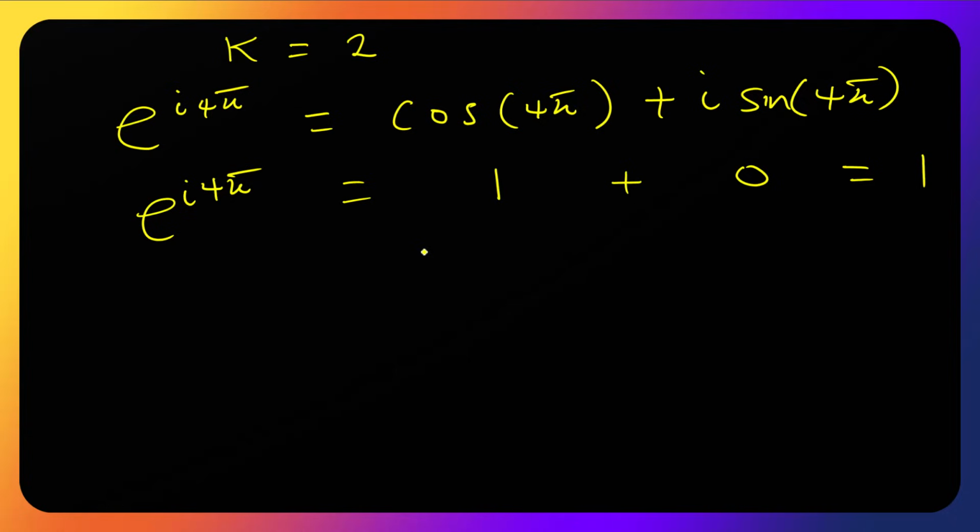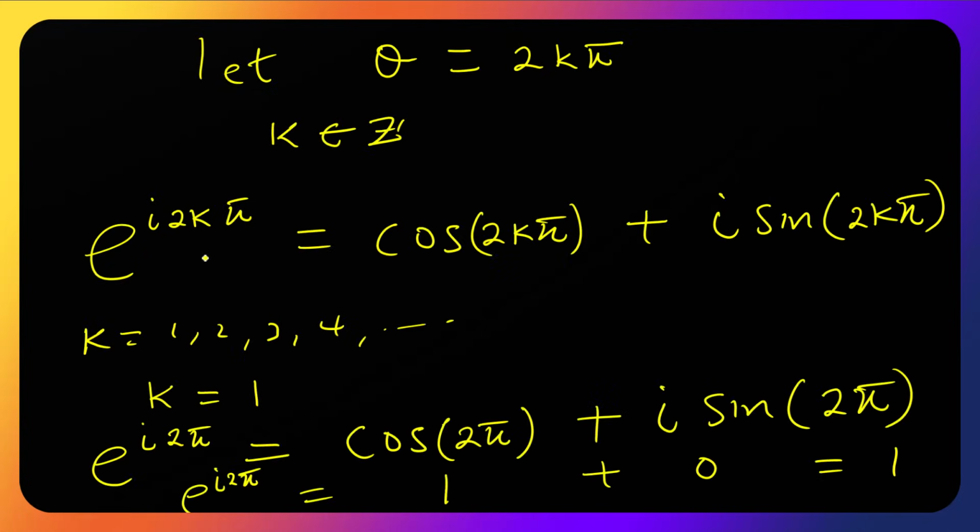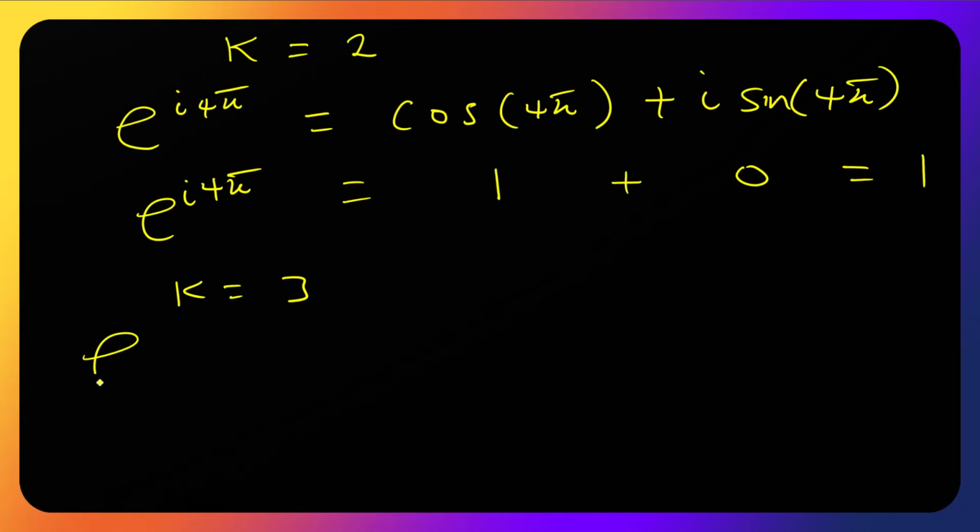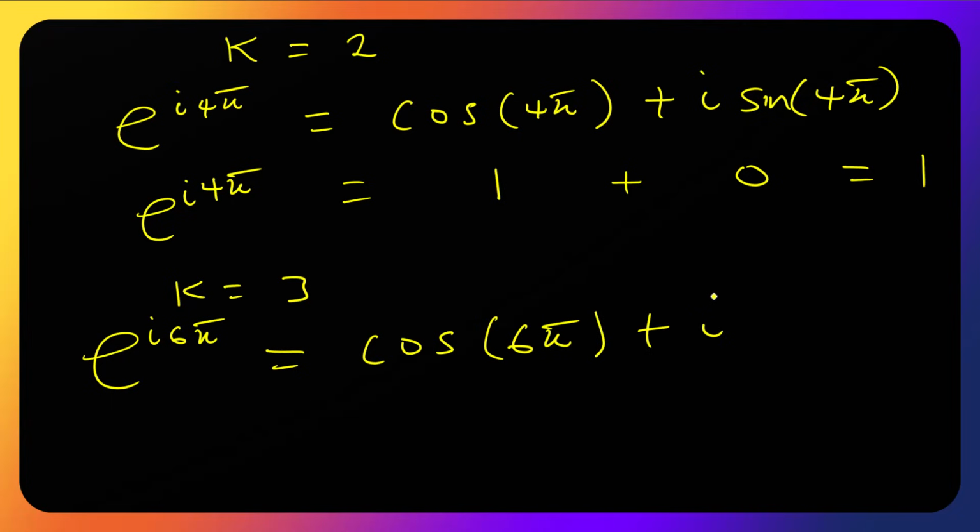Let's try the last one, k equals 3. That will be 6 pi, so e raised to i 6 pi equals cos 6 pi plus i sine 6 pi.